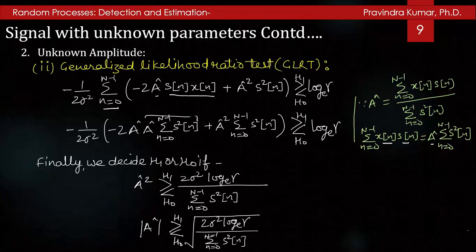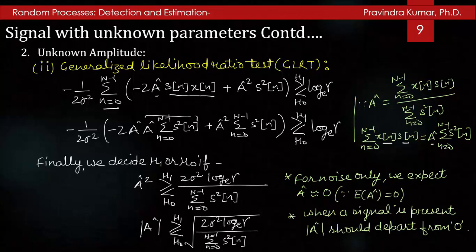For noise only, we expect A hat to be 0, and when the signal is present, the magnitude of the estimate should depart from 0.